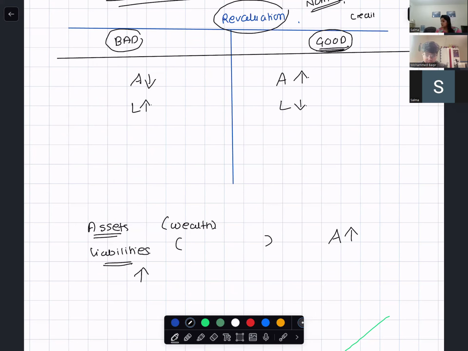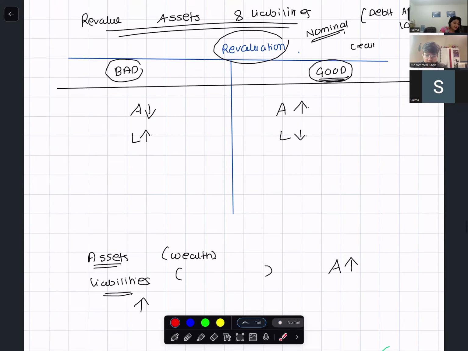Now you also have to pass journal entries for this. What are the journal entries that you will pass? If the value of the asset is going up, can you give me the journal entry for this? An asset, which account is this? Revaluation account.